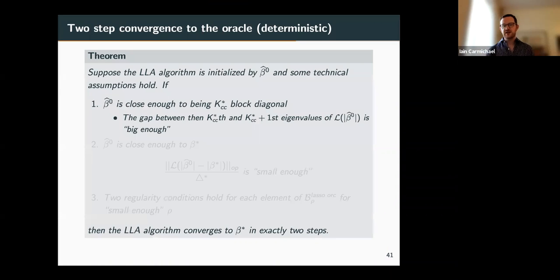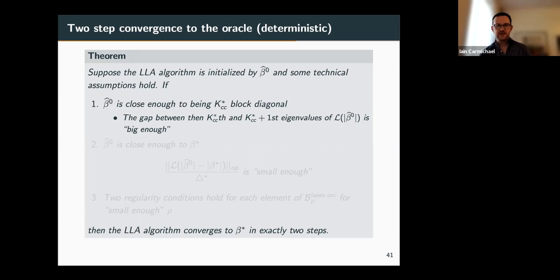So now we're ready to present the theorem. Let's say we initialize the LLA algorithm at some point beta naught, and some technical assumptions hold. We're going to get two-step convergence to the oracle, and we're going to need a few more meaningful conditions.